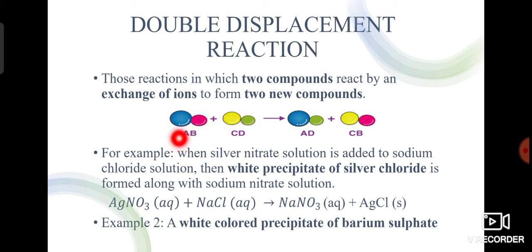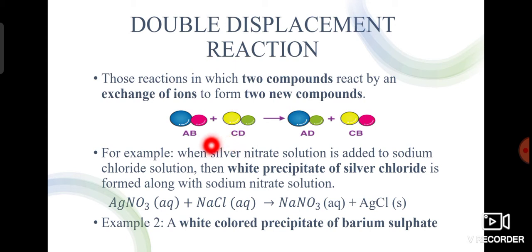Now let's say AB is a compound, and if AB is an ionic compound, then A is a cation and B is an anion. In a very similar manner, if CD is a compound, then C is a cation and D is an anion.